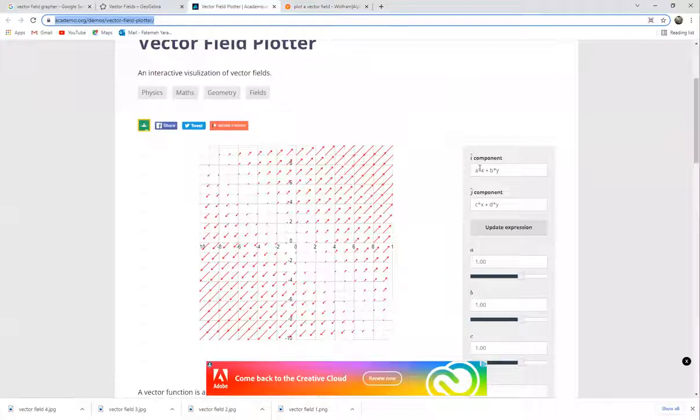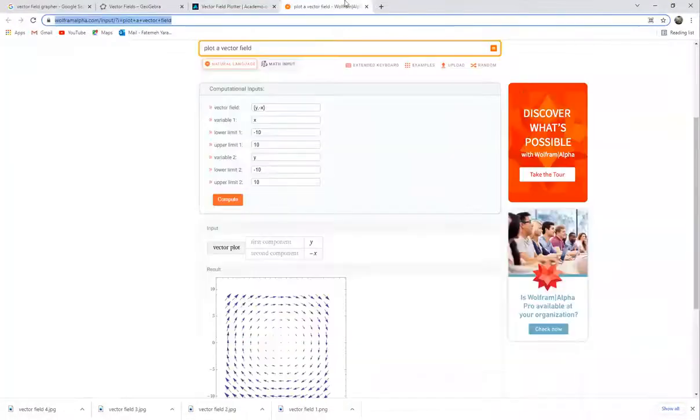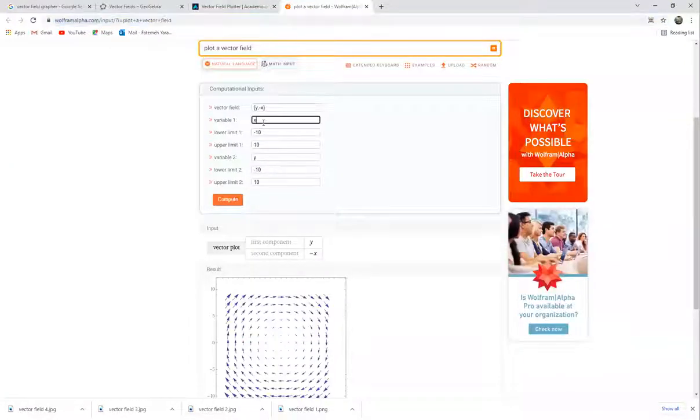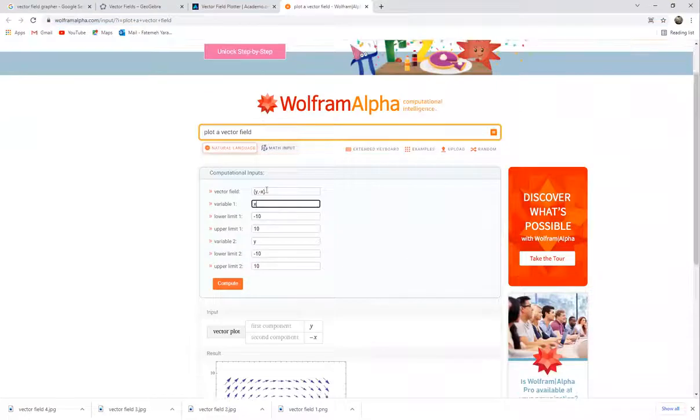Remember that the very first function that we had was negative y and x.